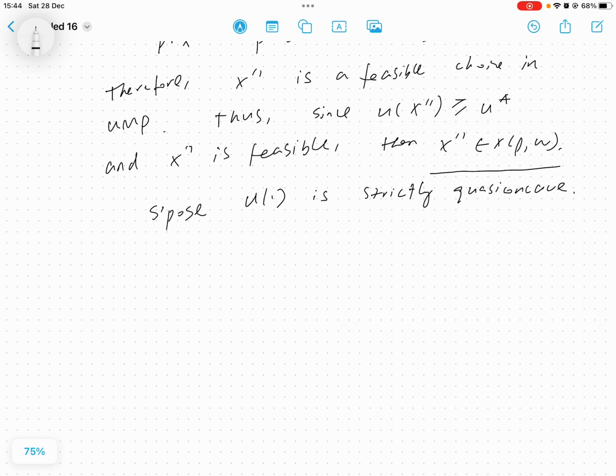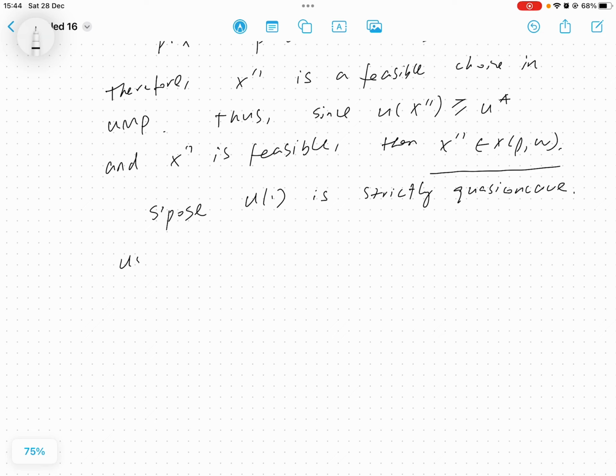Using a very similar argument to the one we did just now, but with strict quasi-concavity, we could easily establish that x double prime is also a feasible choice, and that the utility of x double prime is strictly greater than the optimal value u star for all alpha. Okay, we should write this down.